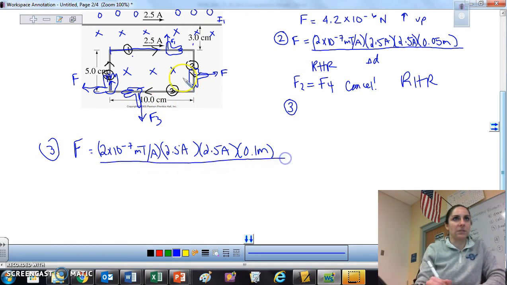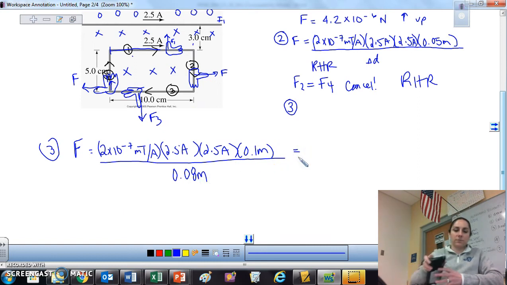In this case the distance is constant, it's going to be 3 plus 5, which makes it 8. Let's go ahead and do that.